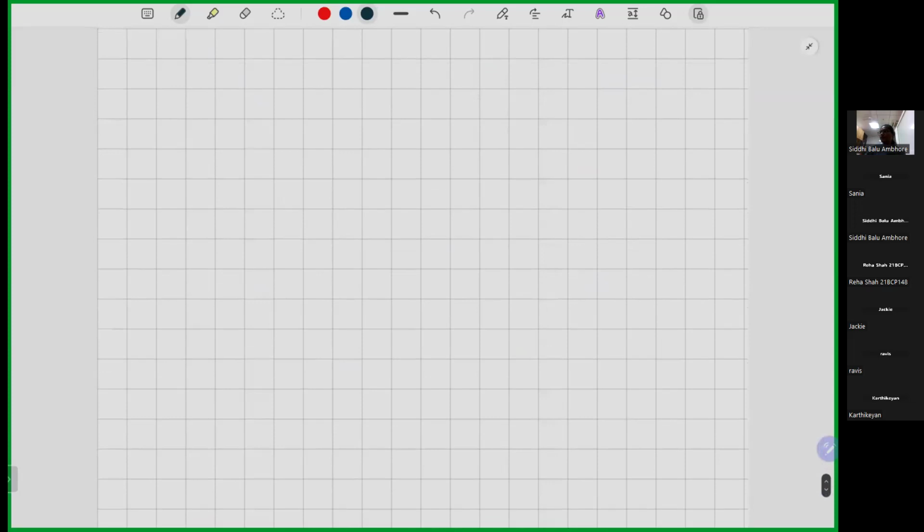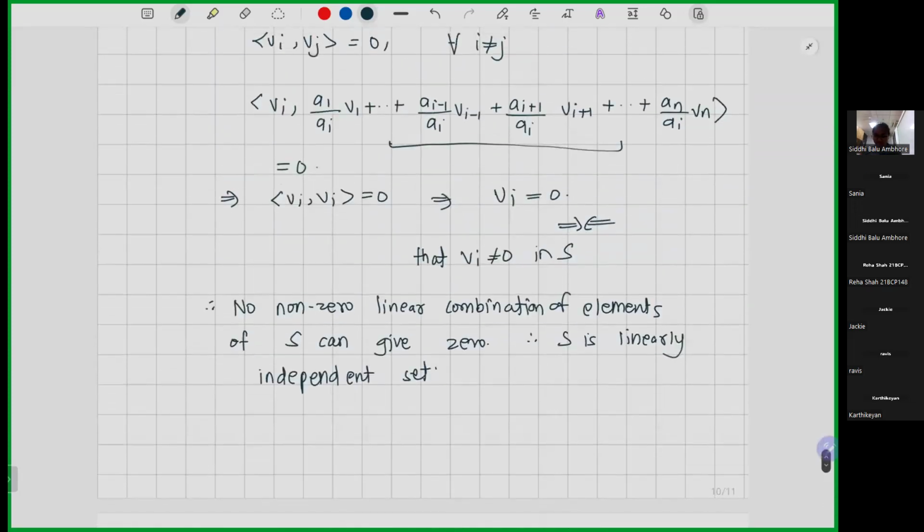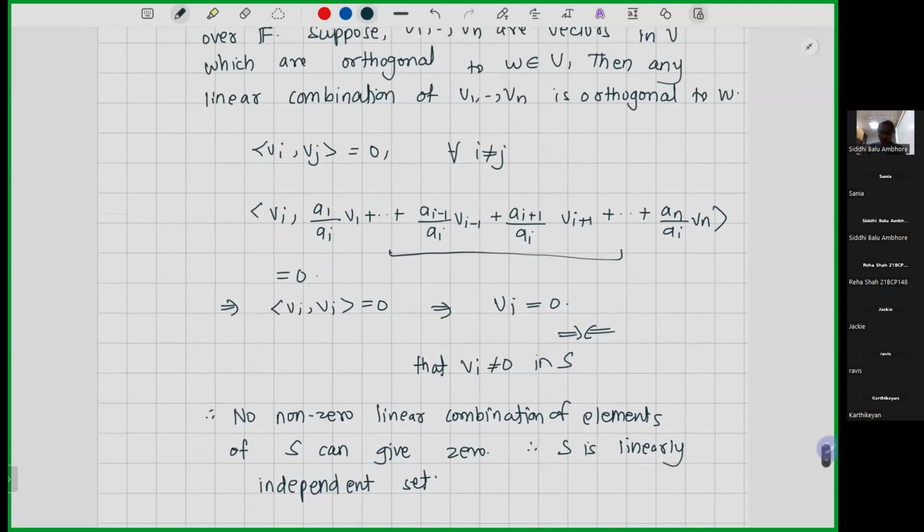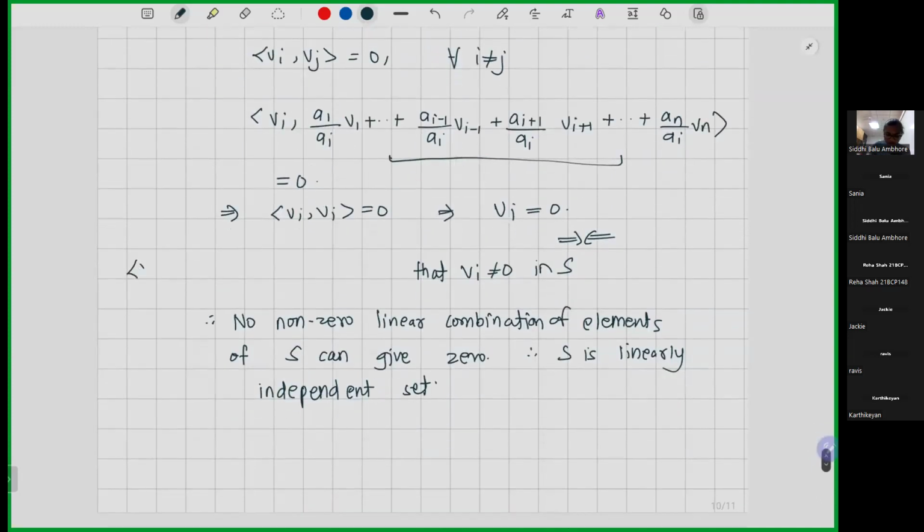If not, then we will move to how we got the final implication. This part, I guess you're asking. So what we got here is that Vi is 0. Because we have that Vi into Vi is positive when Vi is non-zero.